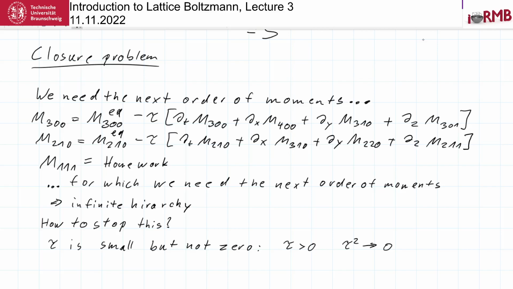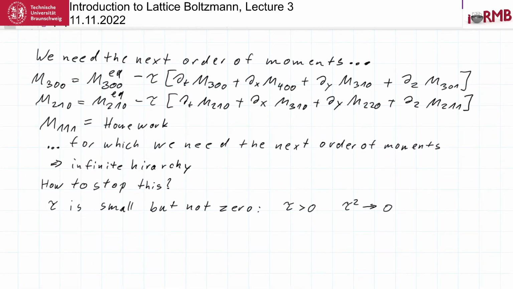For this, of course, we now have to derive the equations for M300, for example, which, as I said, is M300 equilibrium plus something of order tau.